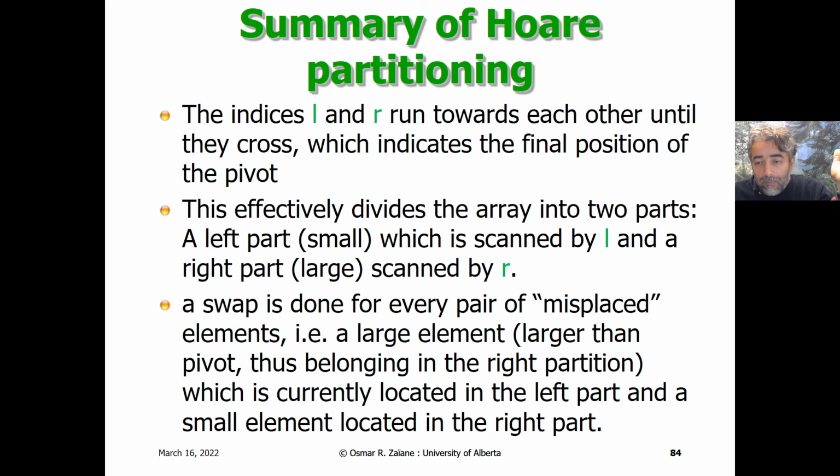And basically what I'm doing when they're crossing, it divides the container into two partitions, one where all the elements scanned by L are smaller than the pivot, and one traversed by R, where all the elements are bigger than the pivot. Okay, each time R finds somebody smaller than the pivot, and L finds somebody larger than the pivot, they are swapped. Okay, that's how it works.